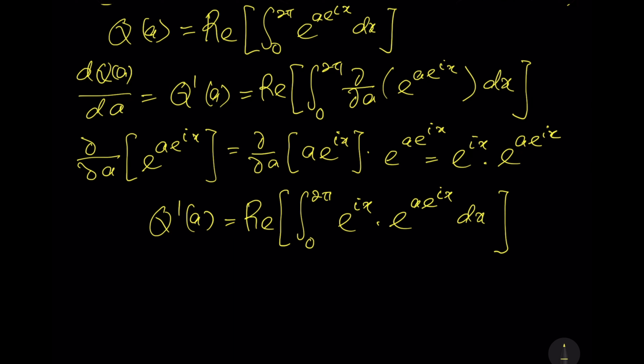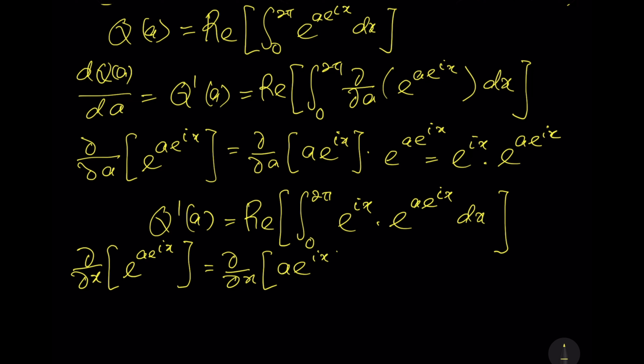This newly found Q'(a) is integrable using substitution or antiderivative methods. The derivative with respect to x of e^(a e^(ix)) is equal to the derivative of the exponential part multiplied by the original terms. Be careful, the derivative of the exponential part is with respect to x. The result of differentiation is ia e^(ix) multiplied by e^(a e^(ix)).